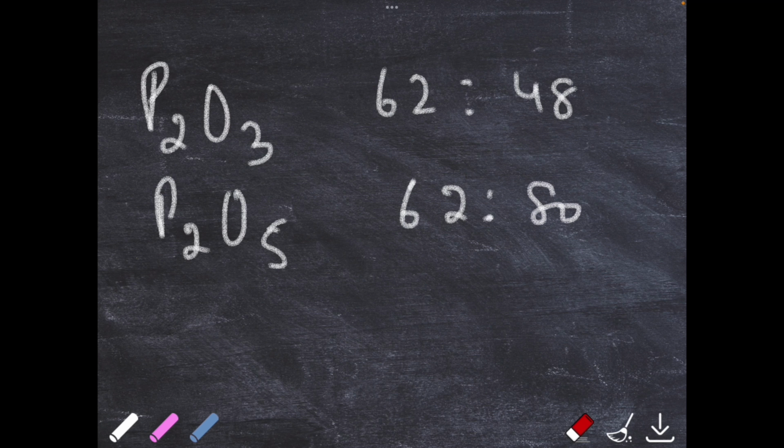If we look at the amount of oxygen, it is 48:80. So this will be 16 3s are 48 and 16 5s are 80. So they bear a simple ratio. That is, the other element which is present in the compound, the ratio in which it combines with the same element, is a simple ratio.